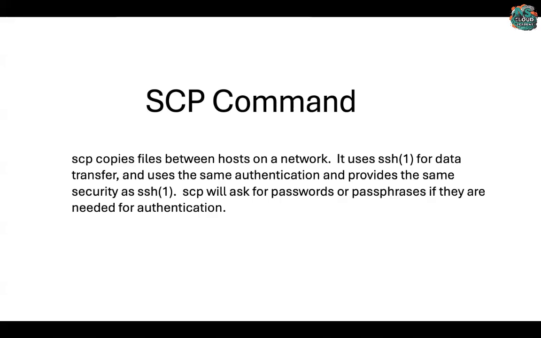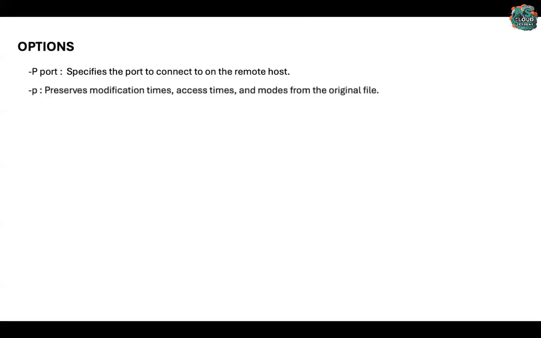Okay, so let's move and understand some options. When you use the SCP command, you use the capital -P option, and then you can specify the port number when you transfer the file. Next is small -p.